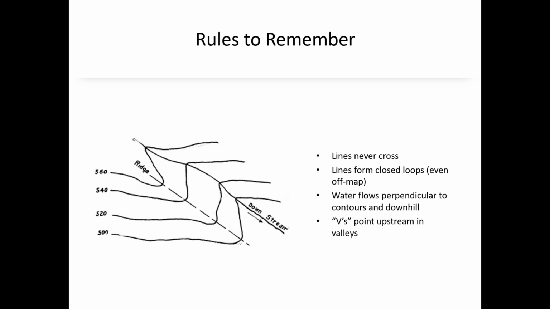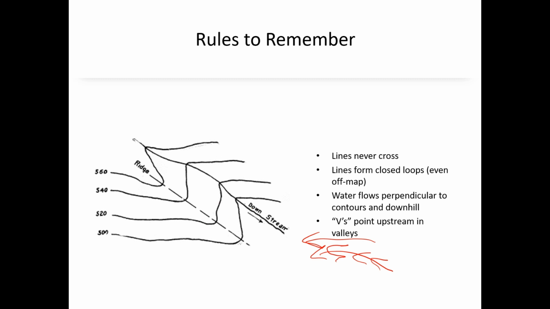Water flows perpendicular to contours and always flows downhill, meaning that V's point upstream in valleys. So when you know that there's a river, you'll see the contour lines form some sort of a V around it, and the V is always going to point upstream.